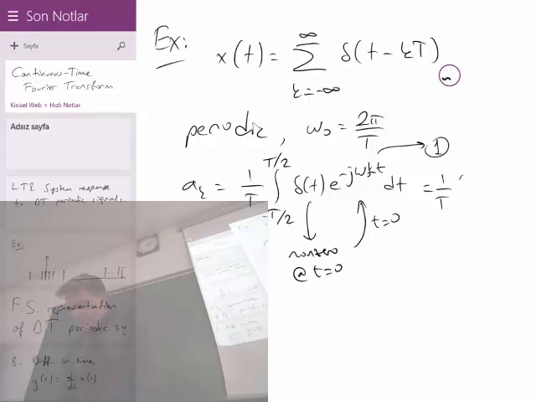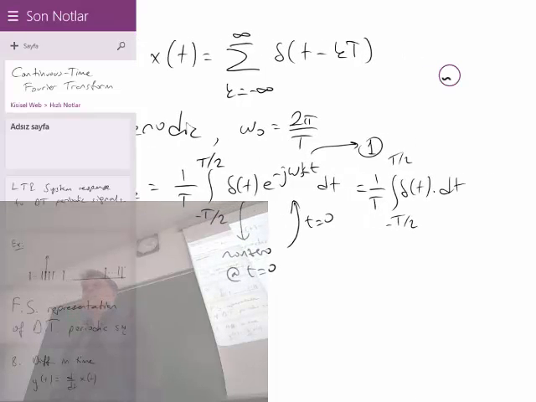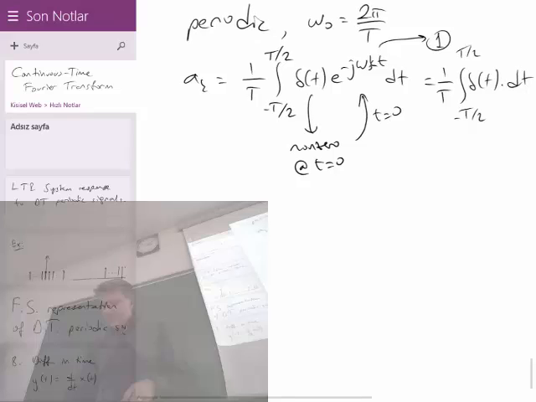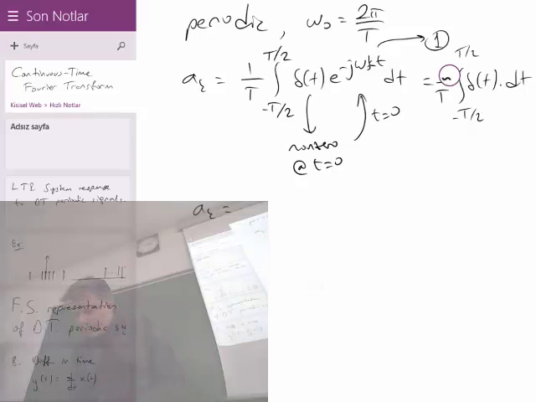And therefore we have 1 over T, integral from minus T over 2 to T over 2, delta(t) times 1 dt, which is the area under delta(t), and that is 1, and we have a 1 over T in the scale, so this is equal to 1 over T for all integer k. So the Fourier series coefficients are always 1 over capital T. It doesn't depend on k. a_k is equal to 1 over capital T. Always.